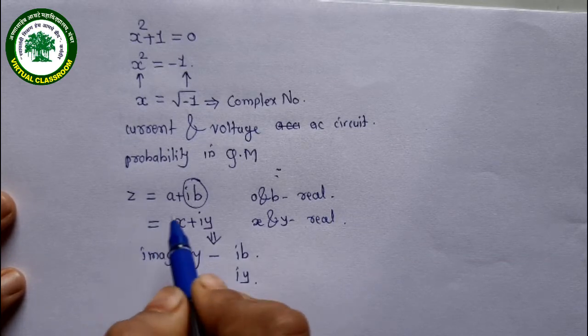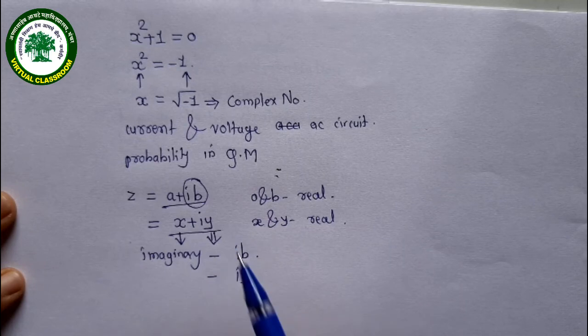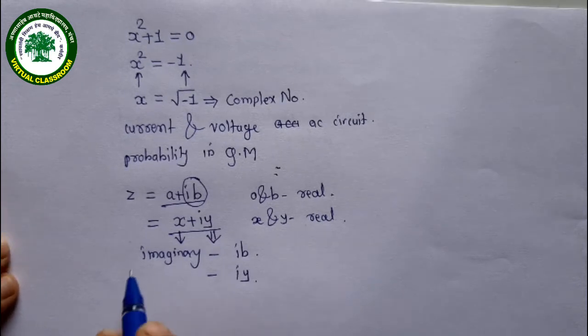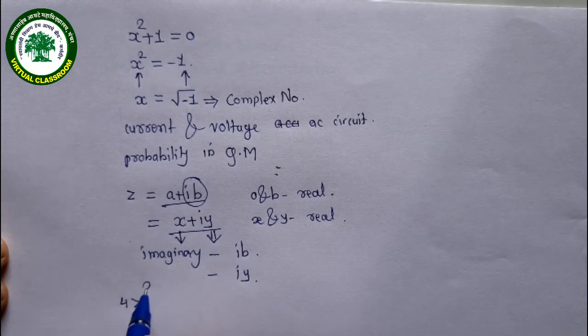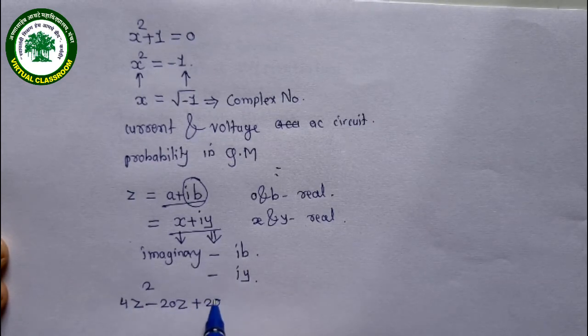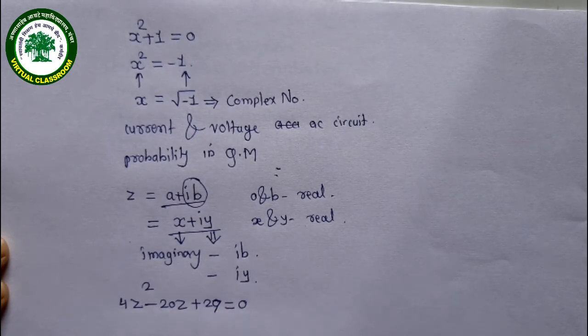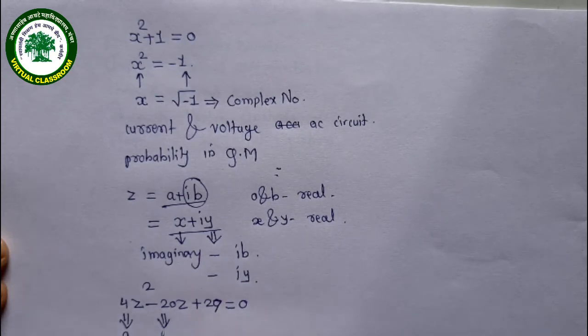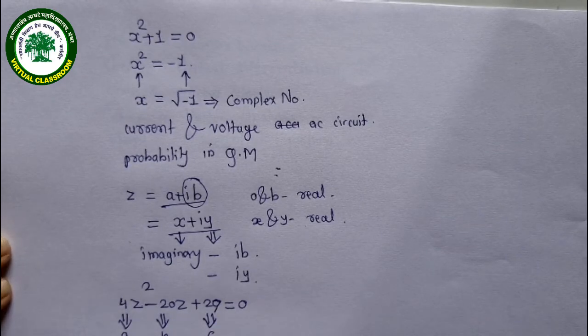And this imaginary number can be represented in many different ways. Suppose we have an example like 4z square minus 20z plus 27 is equal to 0. Then the value of a is 4, the value of b is minus 20 and the value of c is plus 27.